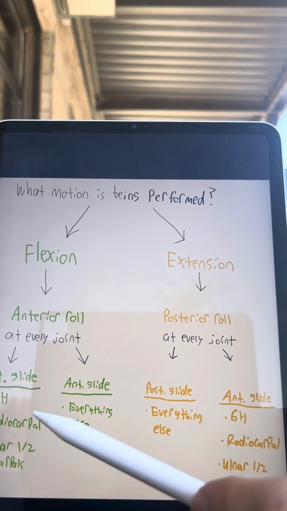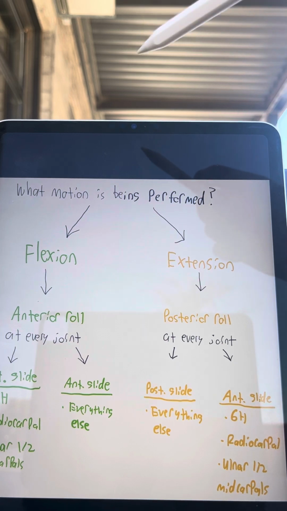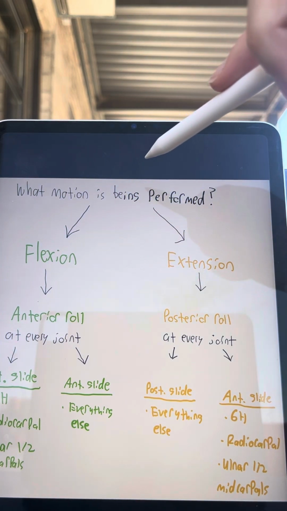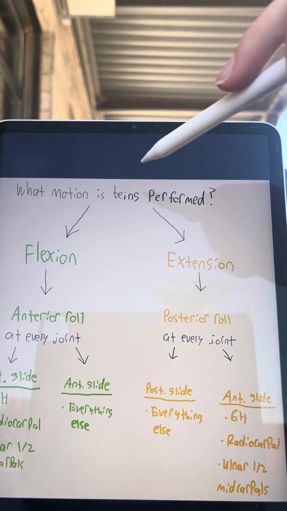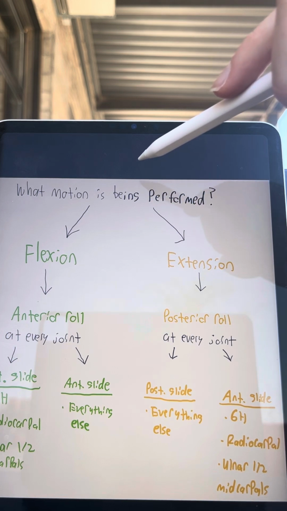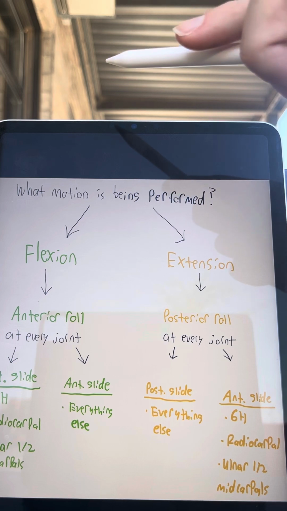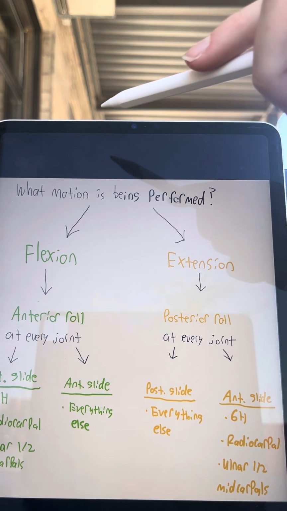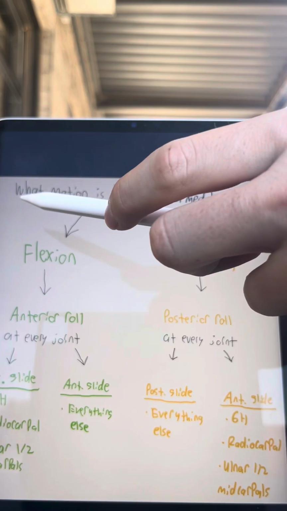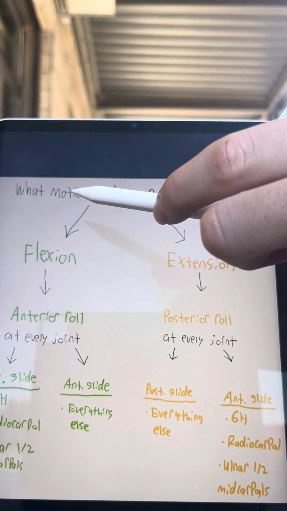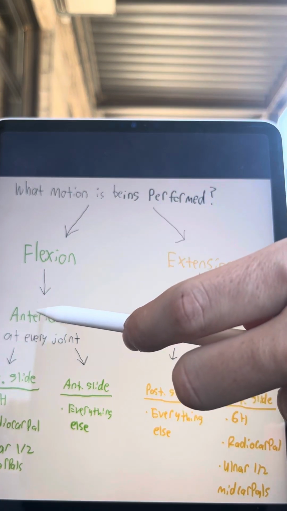So let's use this to answer a question. Let's say you're trying to determine the arthrokinematics for flexion at the humeral-ulnar joint. Okay, the motion occurring is flexion, and we know that always results in an anterior roll.